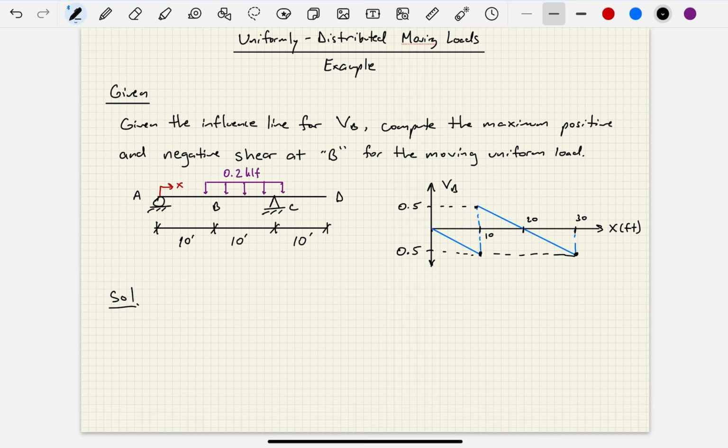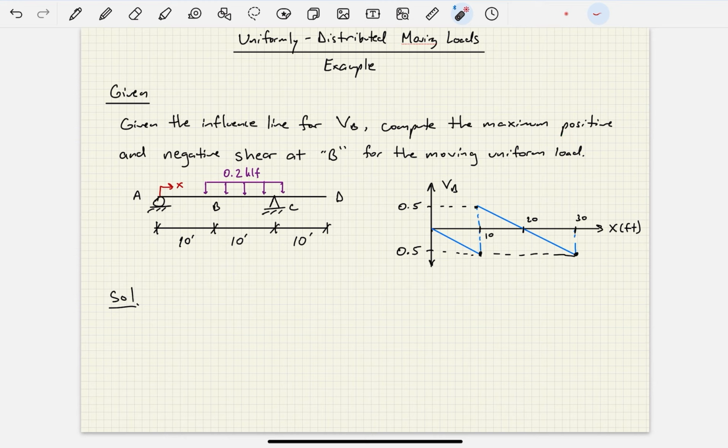If you recall, whenever you have a moving uniform load, what do we do? We multiply the magnitude of the uniform load by the area under the influence line. Now, what you've got to look at here is which areas will generate positive shear and which will generate negative shear.